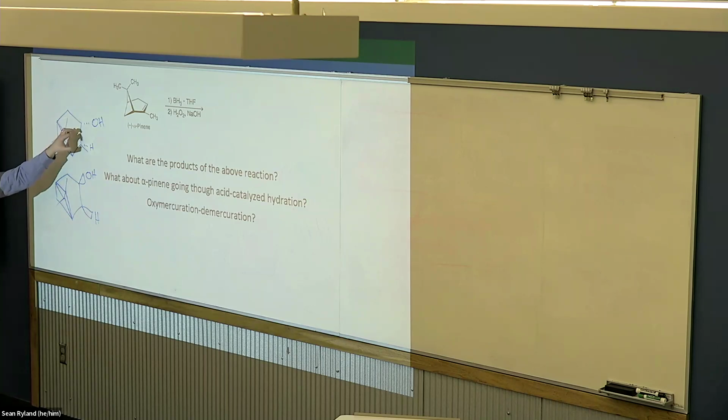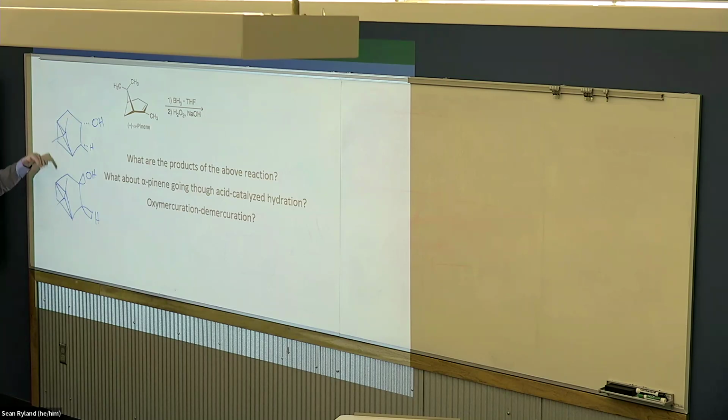The odds that the boron is going to come in and attach above the ring are pretty low. So we would expect something like 90-10, maybe 95-5, favoring this one pretty strongly just based on sterics.